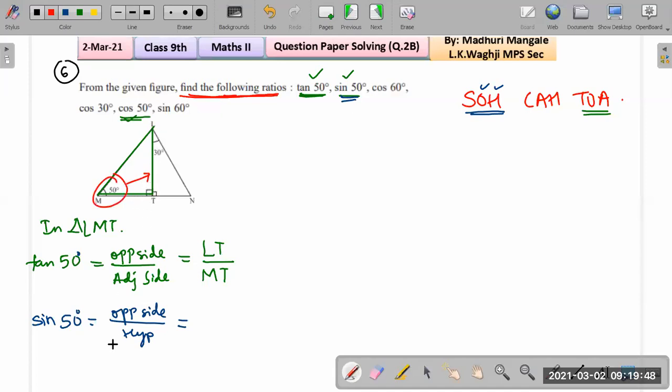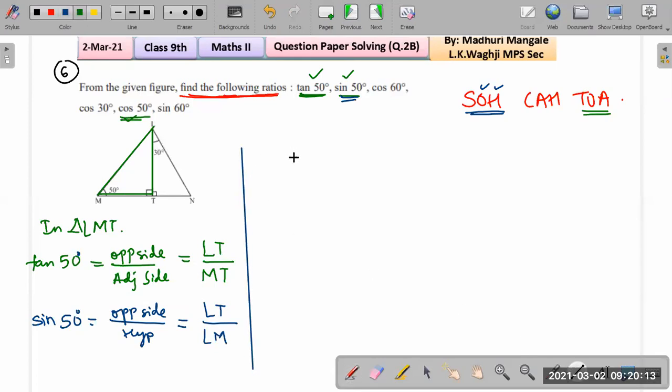And what is the hypotenuse? The hypotenuse is the side opposite to 90 degrees, that is LM. So the answer is LT upon the hypotenuse LM. That completes this part.